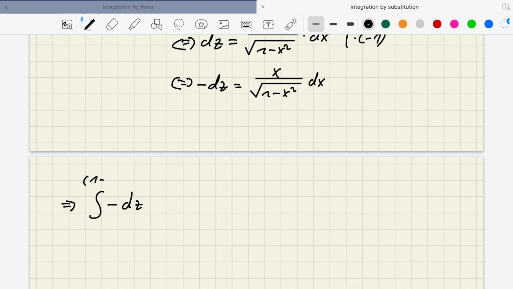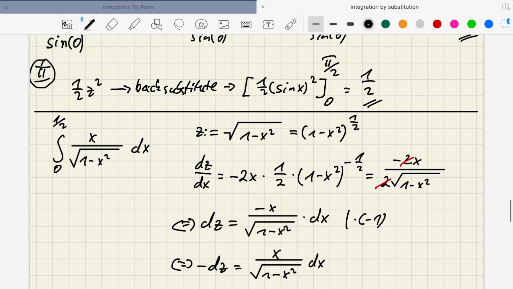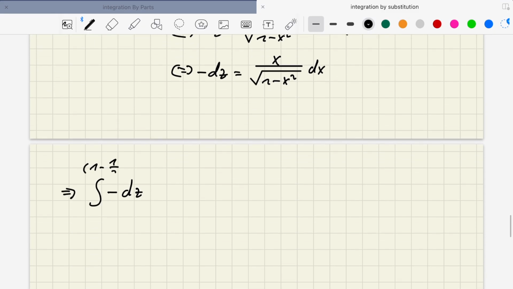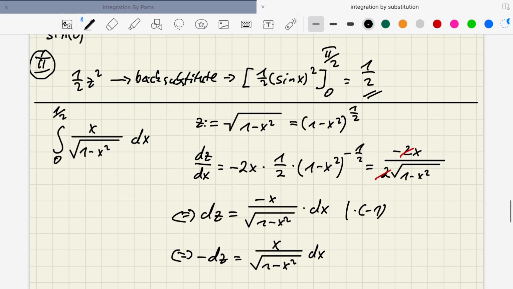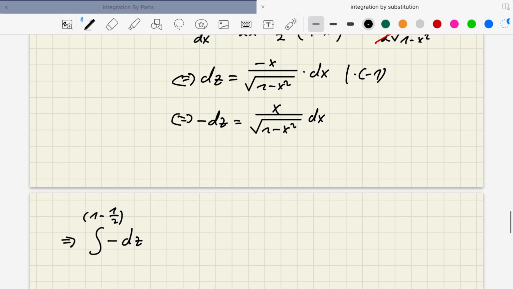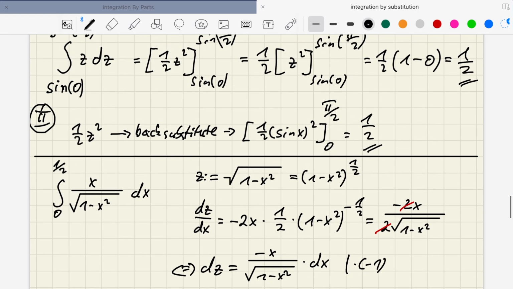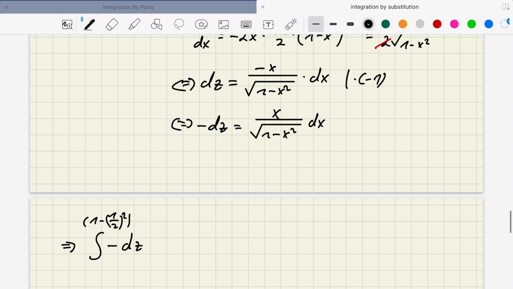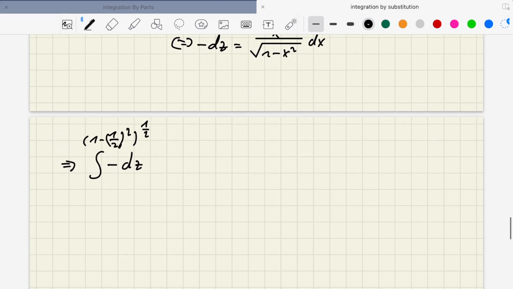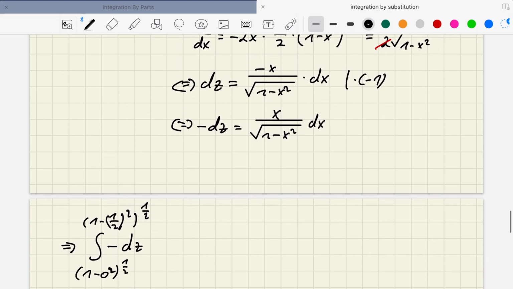1 minus a half squared to the power of 1.5, divided by 1 minus 0 squared to the power of 1.5.